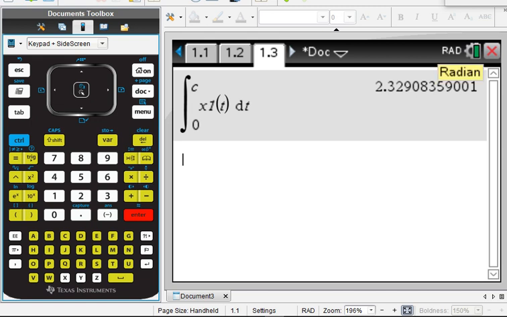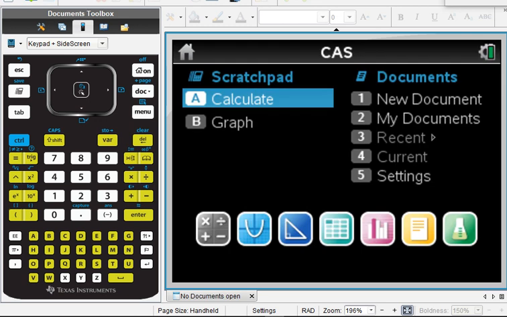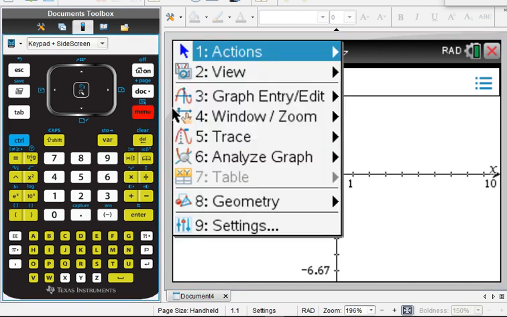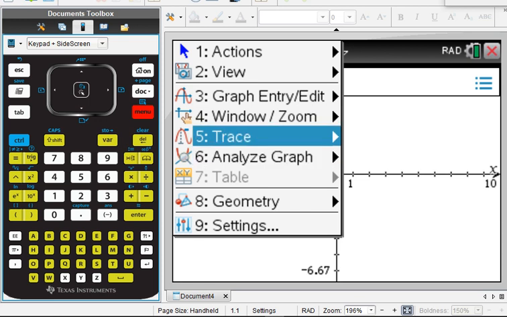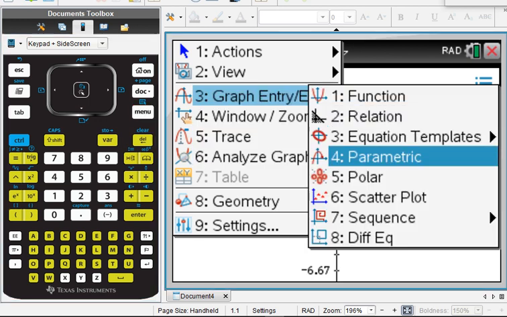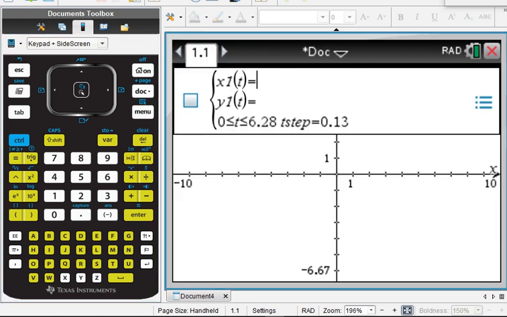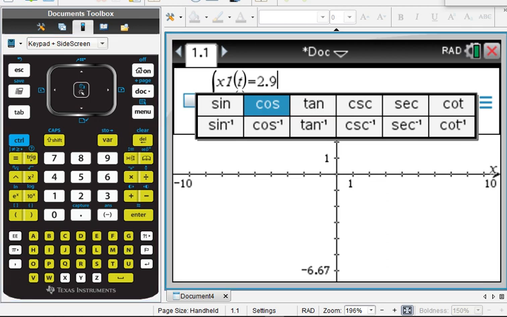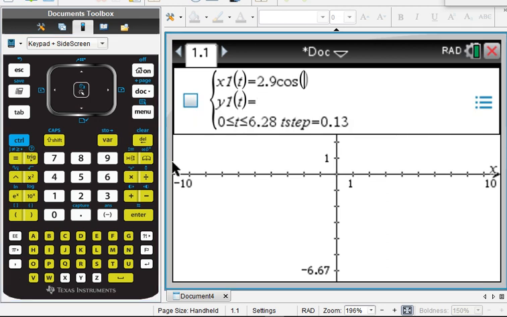Just going to open up a new document, it'll be a little easier here. So add graphs. Menu, entry edit, parametric. So x was 2.9 cosine of t squared.